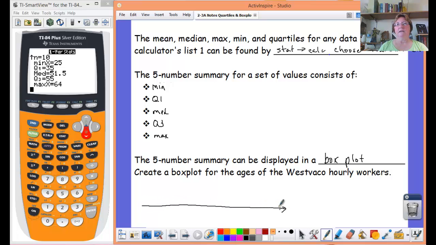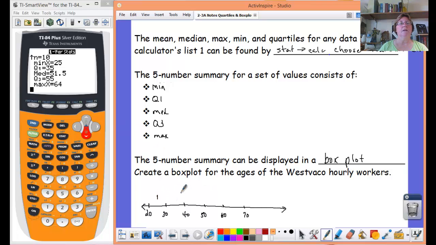We need a number line, an x-axis, and those ages range from 25 to 64. I'm going to start my number line at 20, and I'm going to go by 10s to 70. So there's 30, 40, 50, there's 70. And our minimum is at 25.